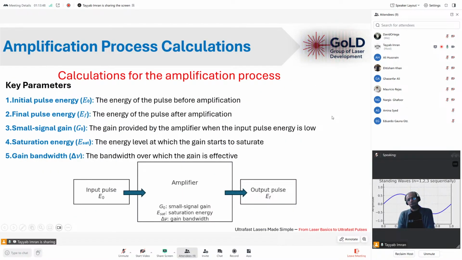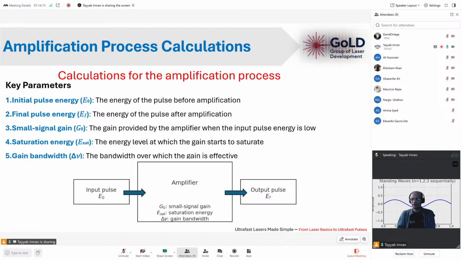So, amplification process calculations. The key parameters for this are the initial pulse energy and the output pulse energy. The small signal gain is the gain provided by the amplifier when the input energy is low.